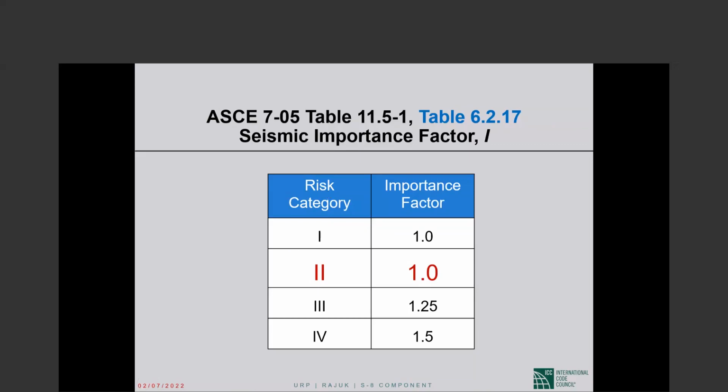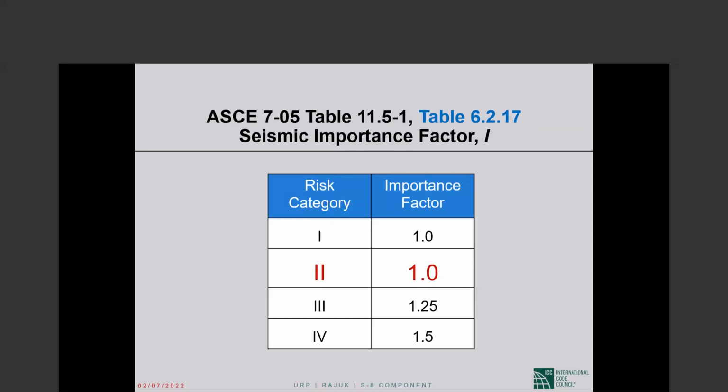Anyway, occupancy category 2, which is standard occupancy, office buildings, apartment buildings, I is 1. The unimportant structures, occupancy category 1, the importance factor is also equal to 1. There is no importance factor smaller than 1. Category 3, which would be essentially assembly buildings where a lot of people congregate in one space at one time, I is 1.25.